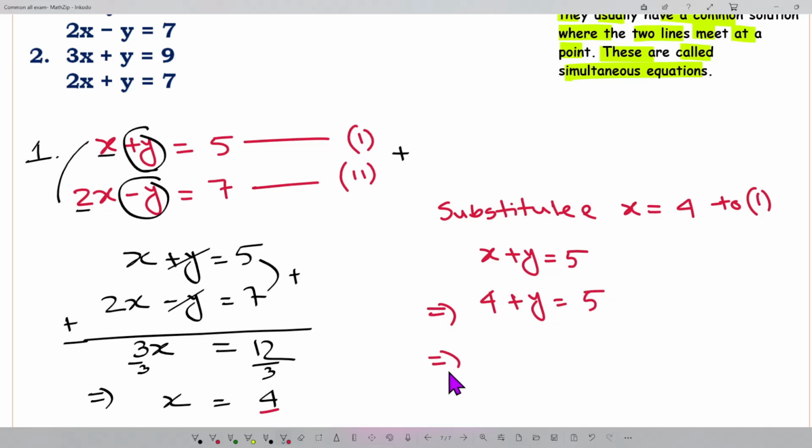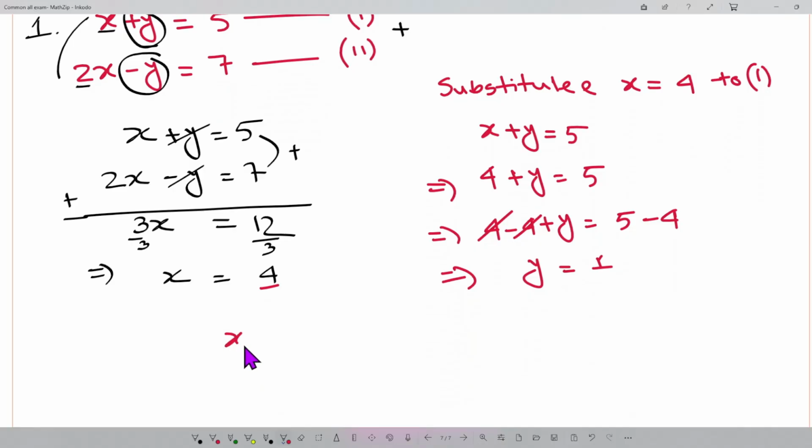Now we subtract 4 from both sides: 4 minus 4 plus y equals 5 minus 4. So 4 and minus 4 cancel out. Here y equals 5 minus 4, which is 1. So finally we get x equals 4 and y equals 1.